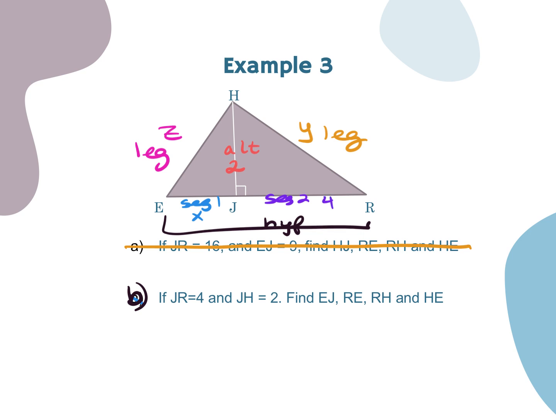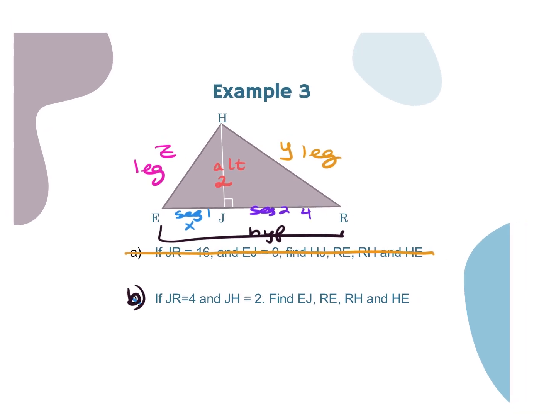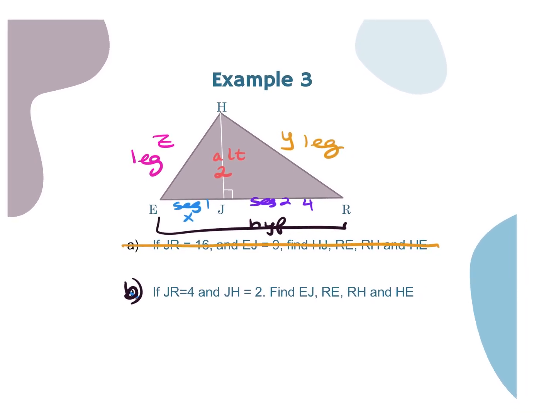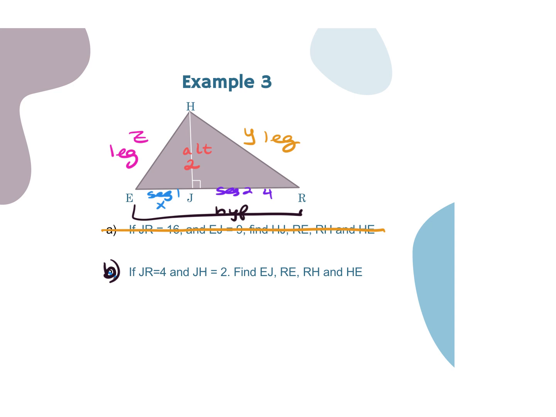So now let's go ahead and use our geometric mean altitude theorem to find segment 1. This time it's not going to be where we're going to have to square root something. So I'm going to go ahead and use my geometric mean altitude.